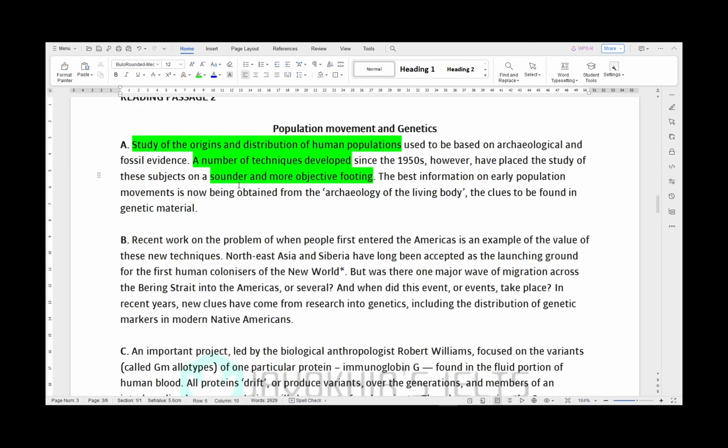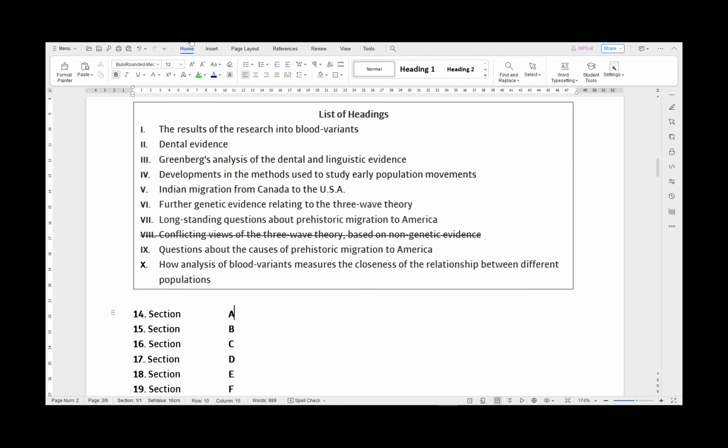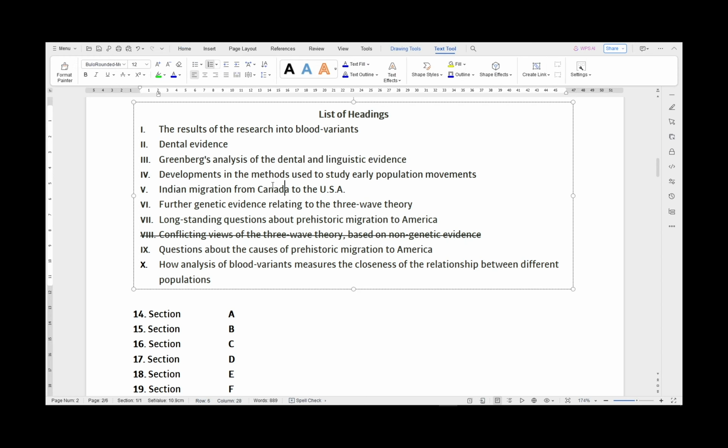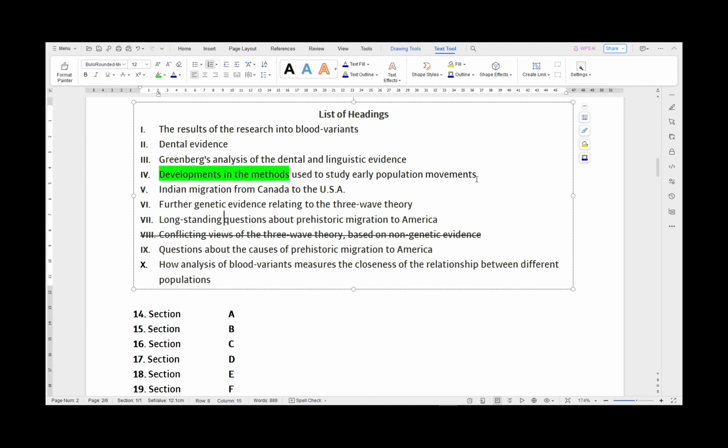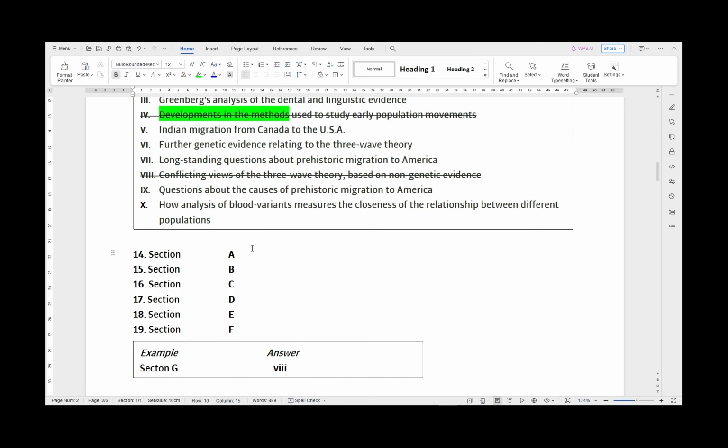So we know that it's talking about a number of techniques, and the first thing that I noticed when it comes to techniques is, I think it's talking about methods. We can say developments in the methods. We can already see developments in the methods, like a number of techniques developed. So pretty easy. We can take that option and remove that as well, and we're going to give number 4, right? So we have number 4.